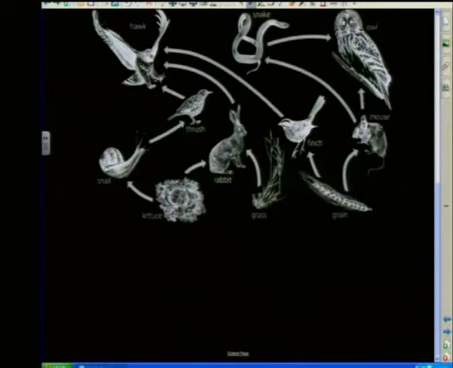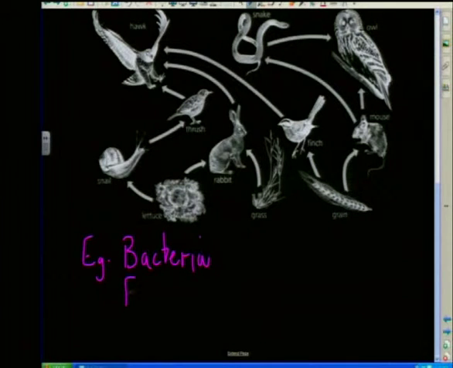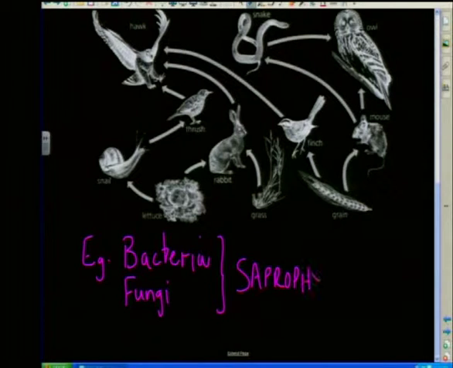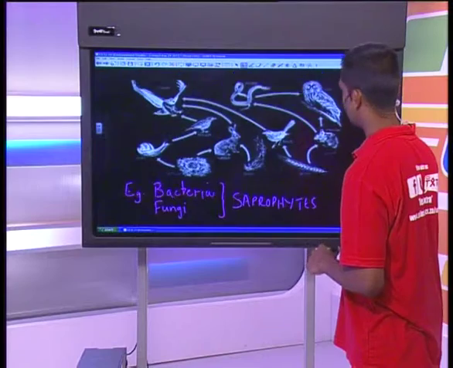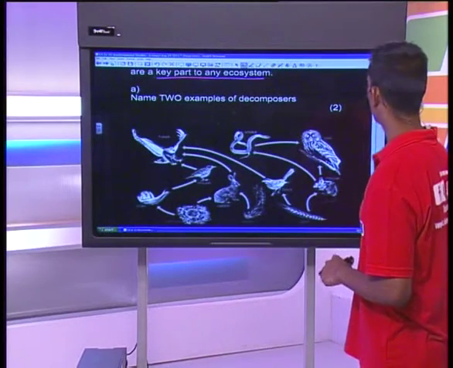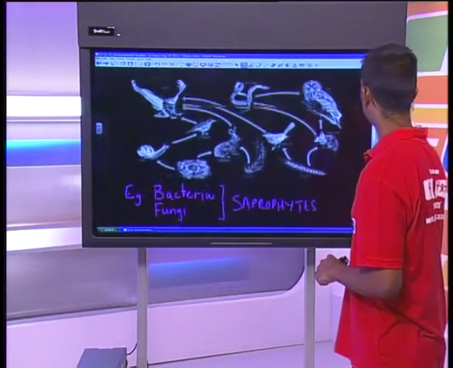One example would be bacteria, another would be fungi, and we refer to both of them as saprophytes. They're capable of breaking down organic material and returning the inorganic nutrients back into the soil.